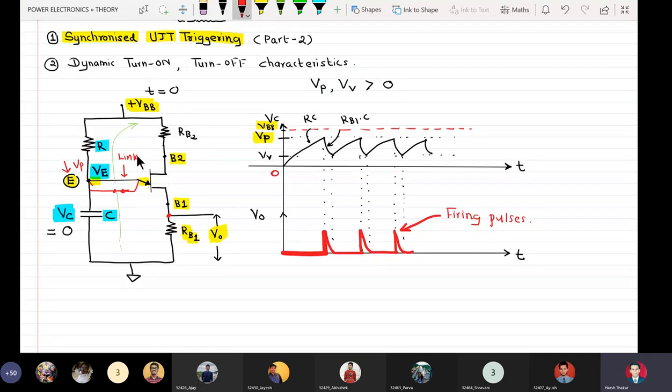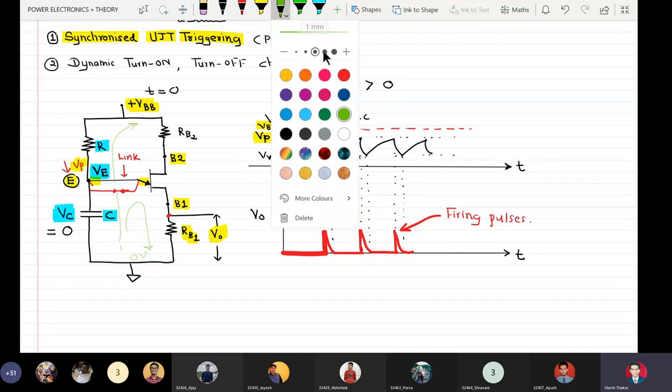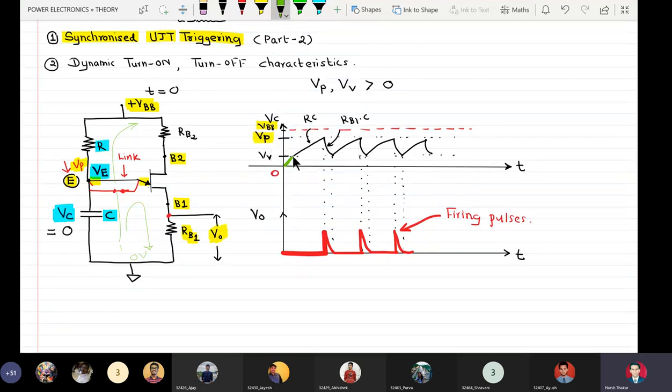As soon as this link acts as a short circuit, the capacitor, which has now charged till the peak point voltage, will start discharging from VP towards 0 volts. This is the journey I am talking about here. The capacitor charged from 0 towards VBB, and while doing this it encountered VP.